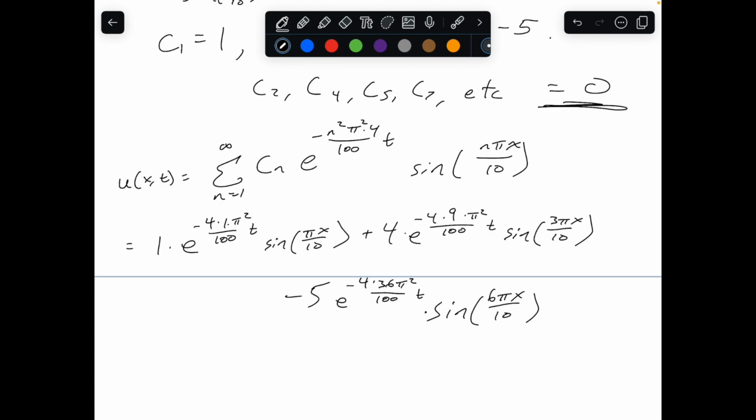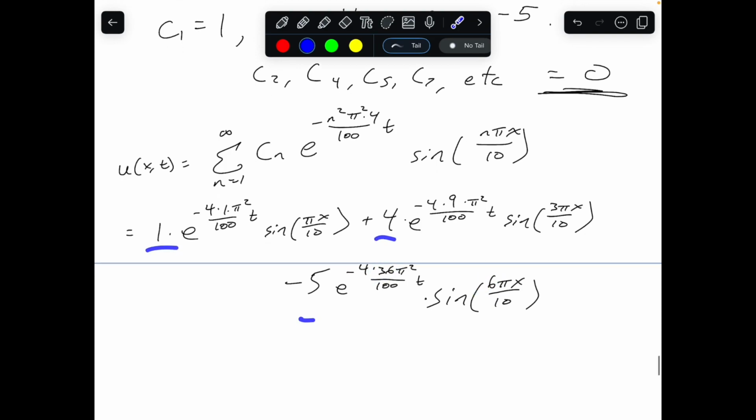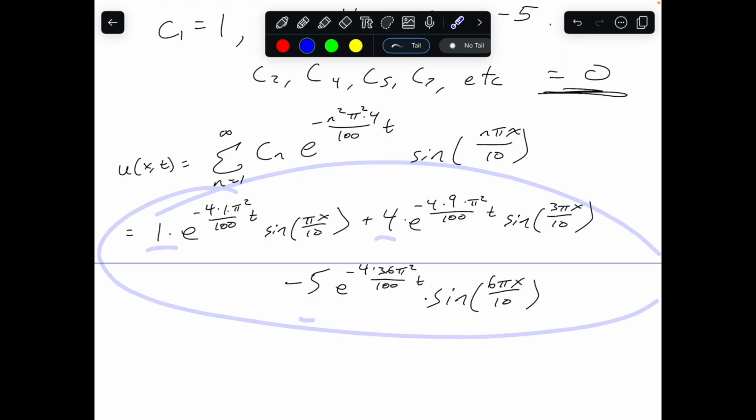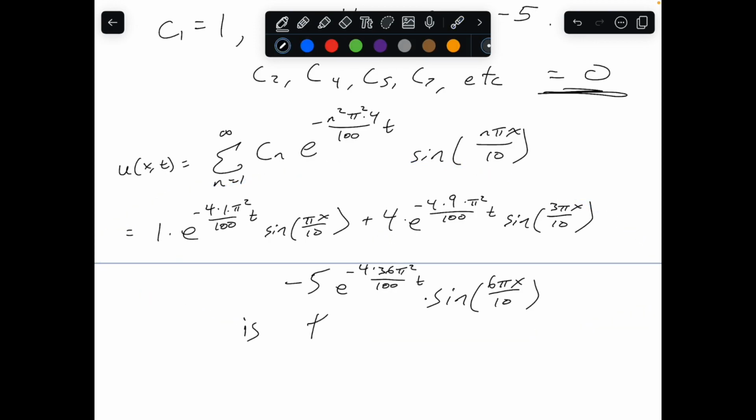And so you get that. Of course, you could simplify this a little bit if you wanted to. You don't have to. Here you can see n is 1, so 1 shows up there. N is 3, so 3 shows up there and there. N is 6, so 6 shows up there and there. And then the coefficients just go in front of all these things. So this would be the solution.